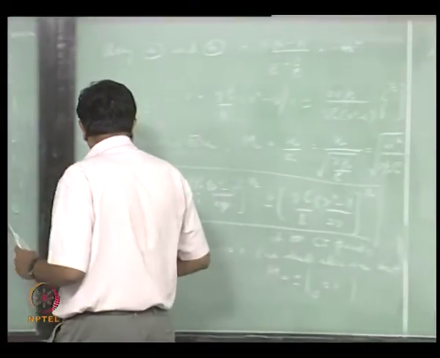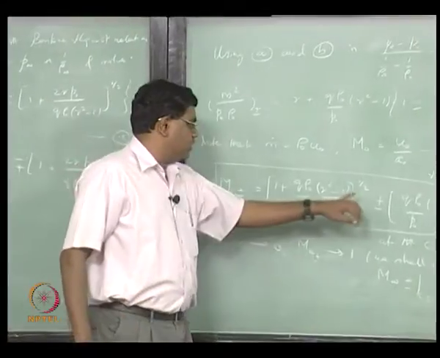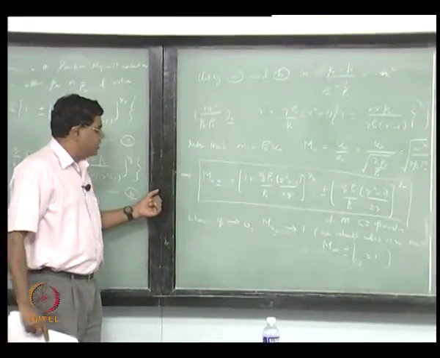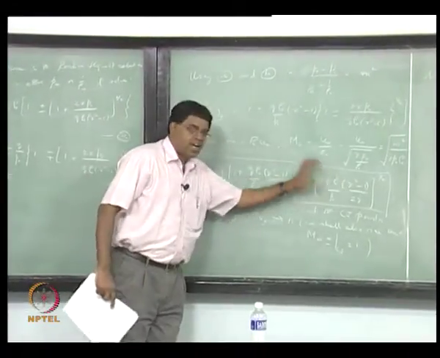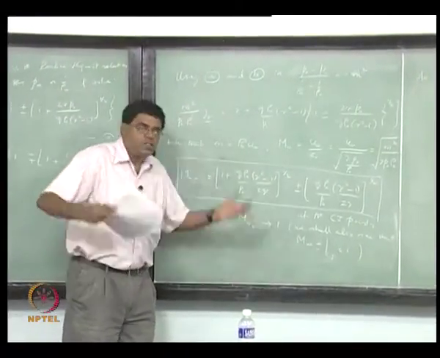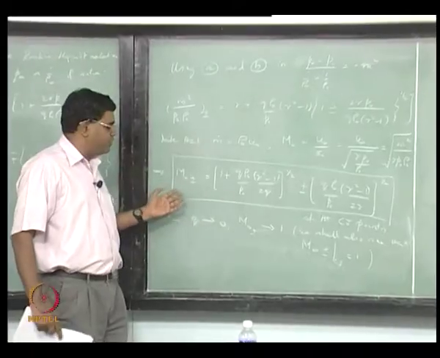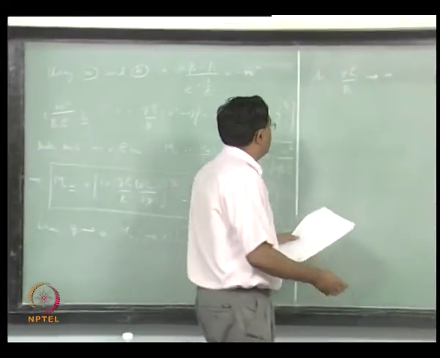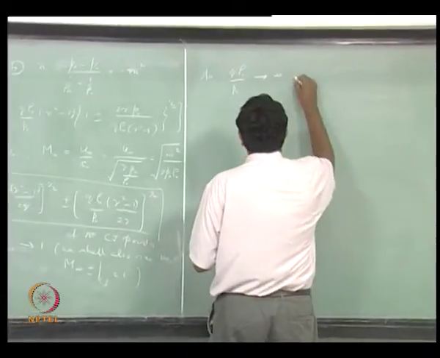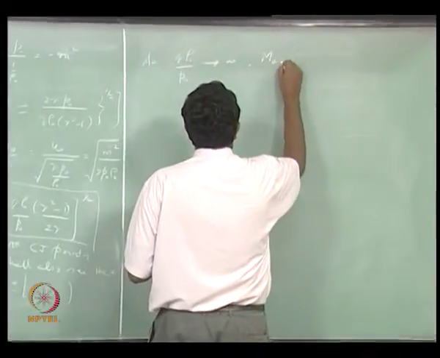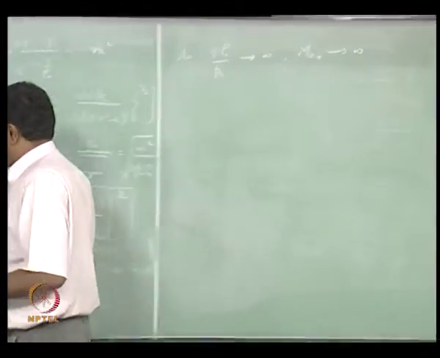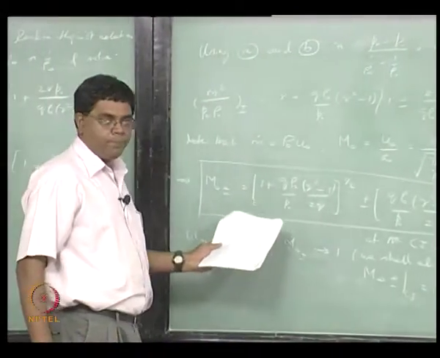Then if you now use the positive sign for the CJ, that's a detonation wave, then both these terms add up together towards each other, and then m naught plus goes to infinity, right? So m naught plus goes to infinity, but m naught minus goes to 0.